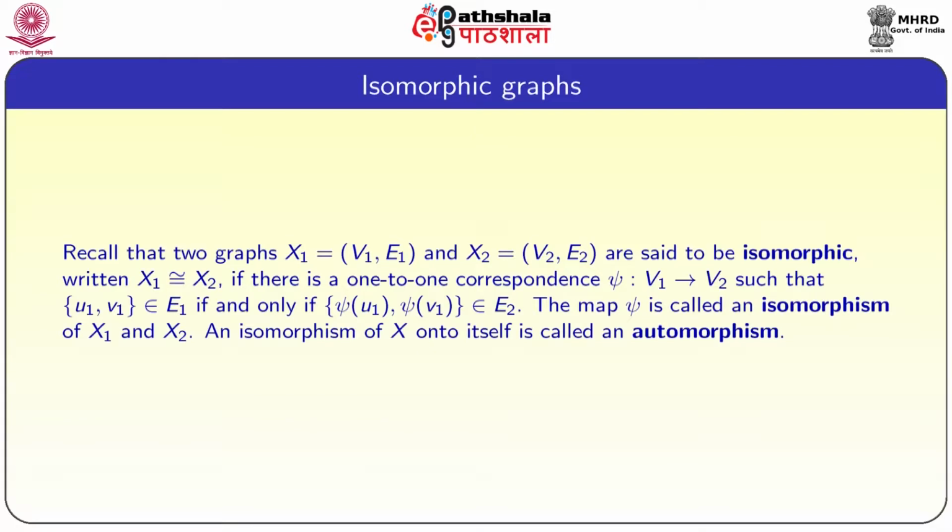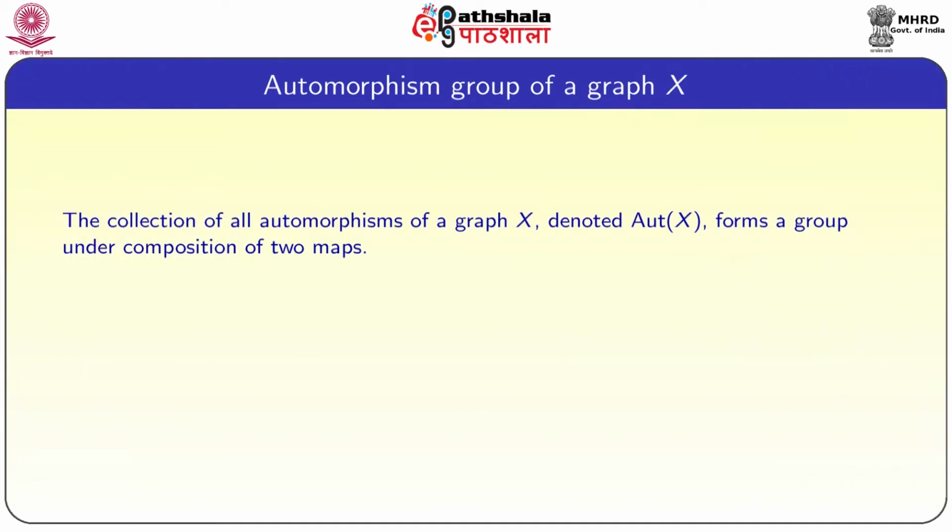The map psi is called an isomorphism of X1 and X2, and an isomorphism of X onto itself is called an automorphism. The collection of all automorphisms of a graph X, denoted Aut(X), forms a group under composition of two maps.